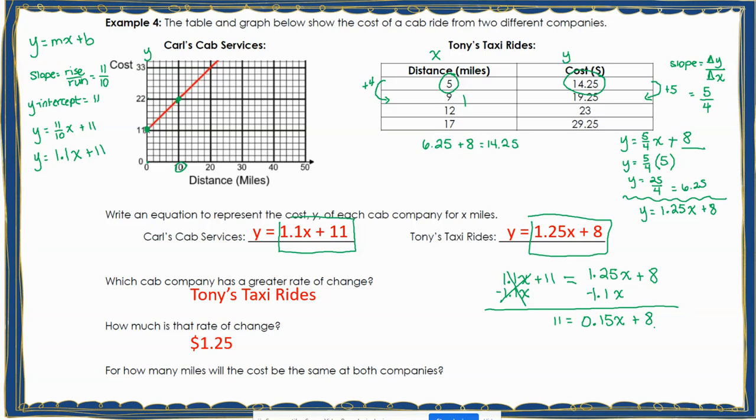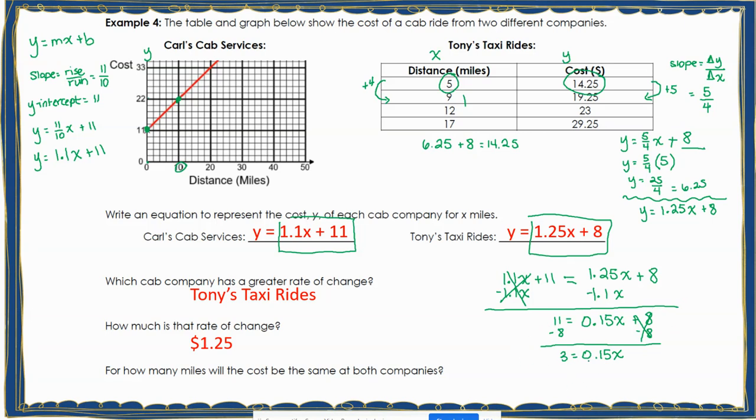So we need to get rid of our plus 8 first. So we are going to subtract 8 from both sides of this equation. 11 minus 8 is 3. And then our 8's over here will cancel, and we're left with 0.15x. Our last step is to get x by itself.